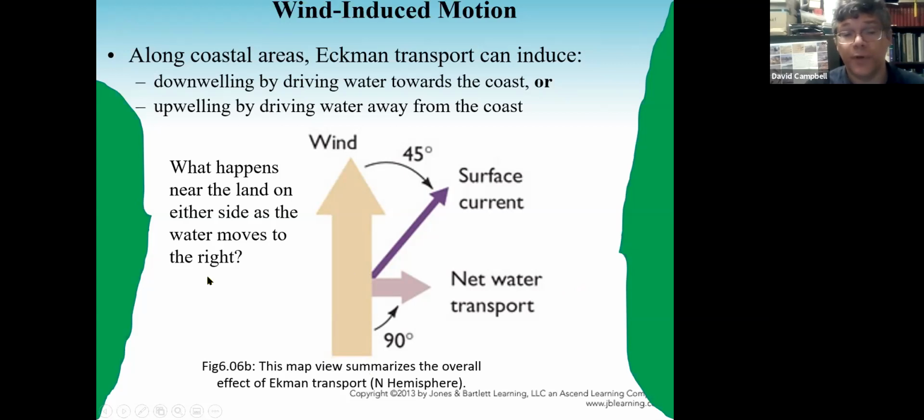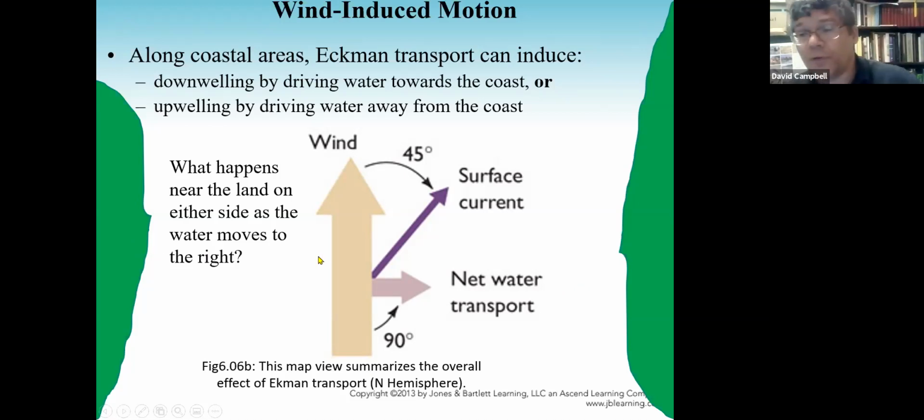If water is moving to the right across the screen here, that means extra water is running into the land on the right. Extra water, trying to push in. We're going to tend to see sinking there, downwelling. Our other coast here to the left, water is moving away from it.